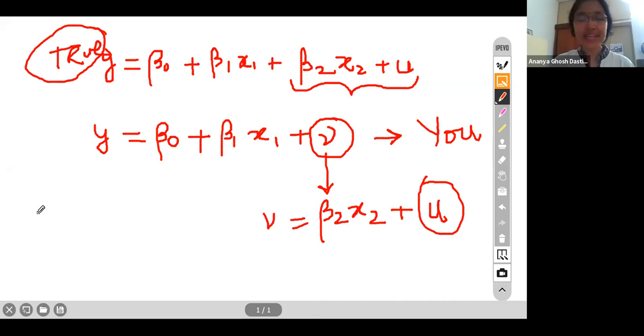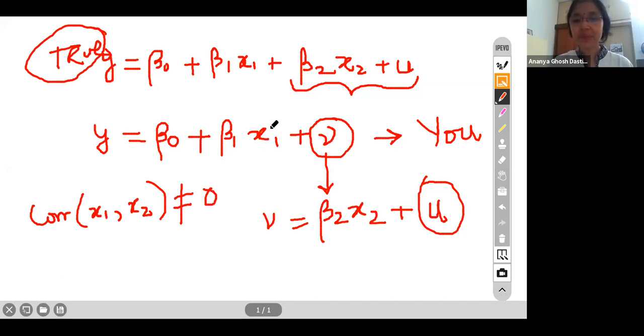So do you understand what happens if the correlation between X1 and X2 is not equal to 0? Do you see what is happening?